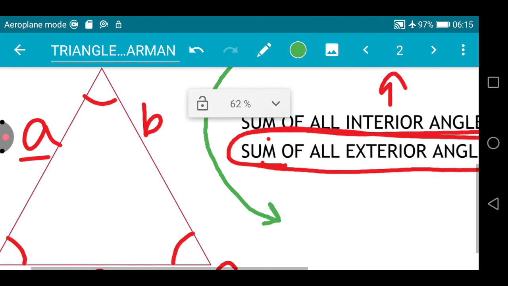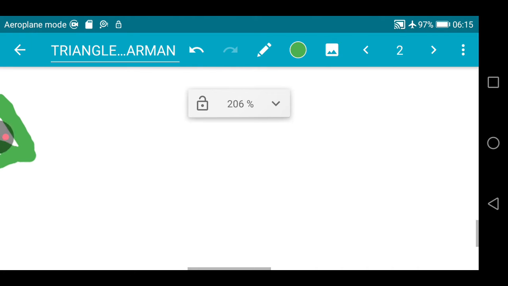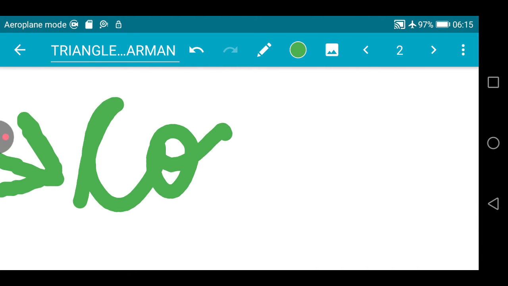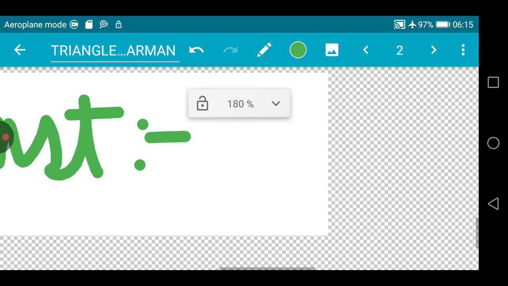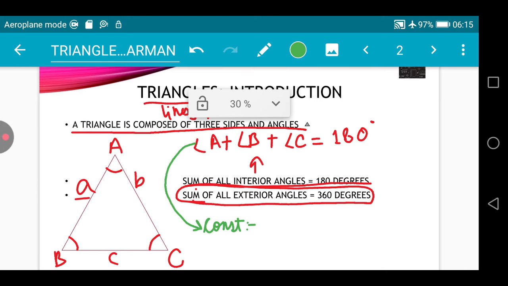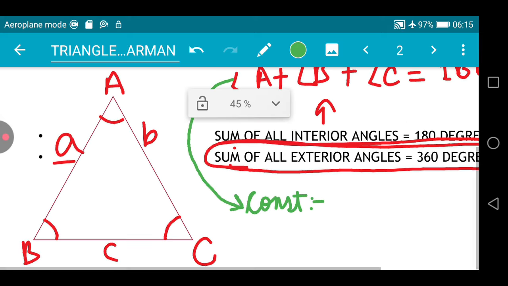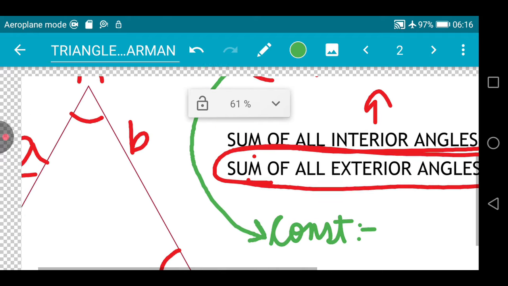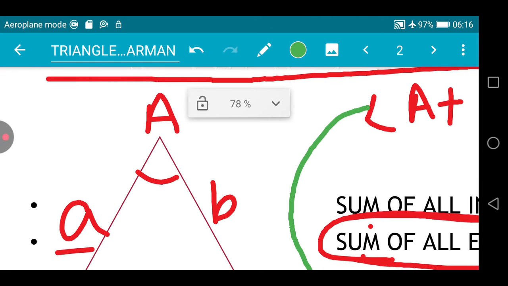So if you have to prove it, first you will do a construction. What construction will you do? If this is line BC, we will make a line parallel to AB. I have made an imaginary line.